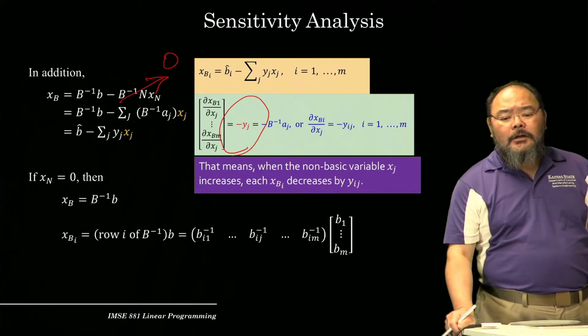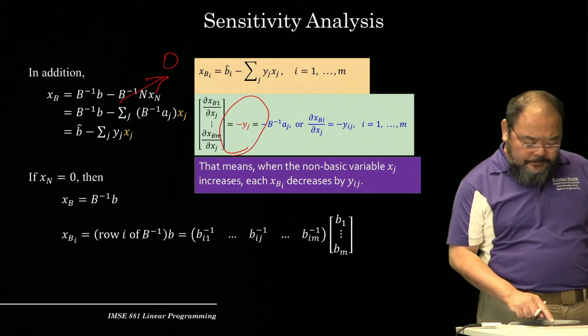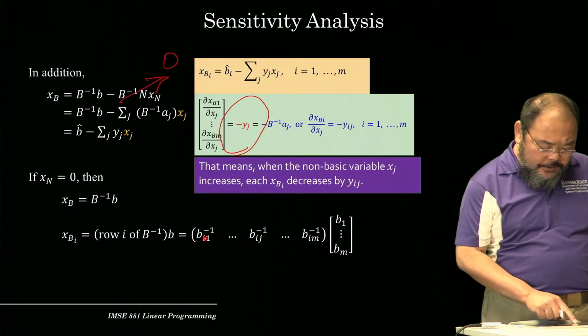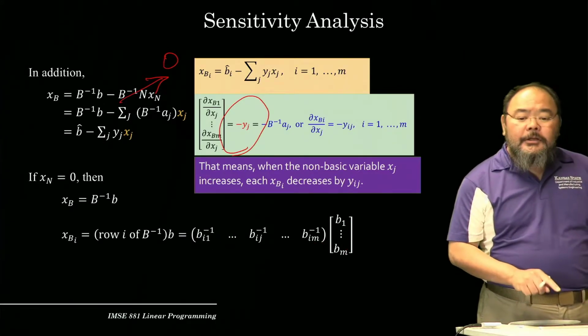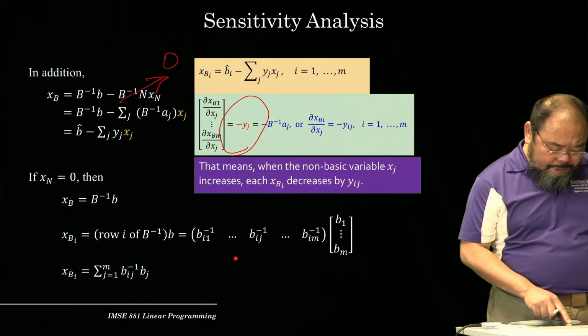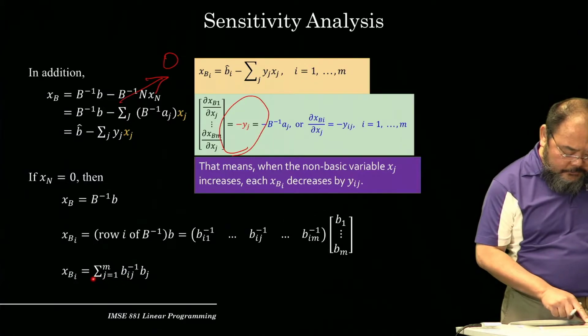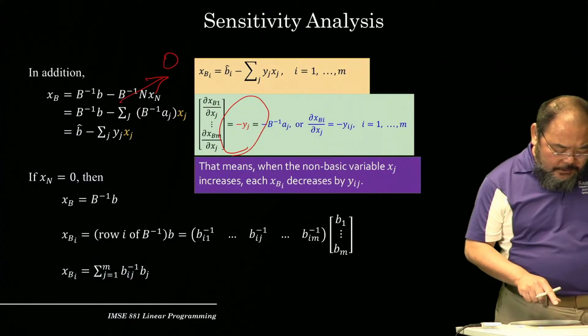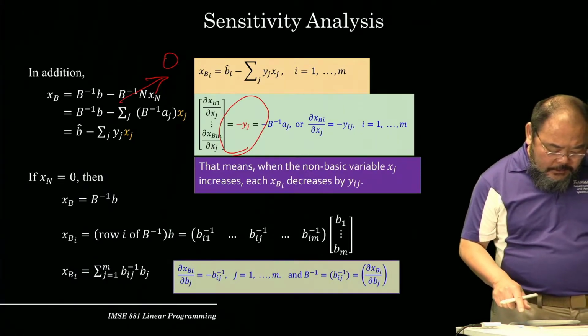It is all the B inverse columns times the right-hand side b1 to bm. These are the columns of the B inverse matrix. Therefore, xb equals B inverse times b.